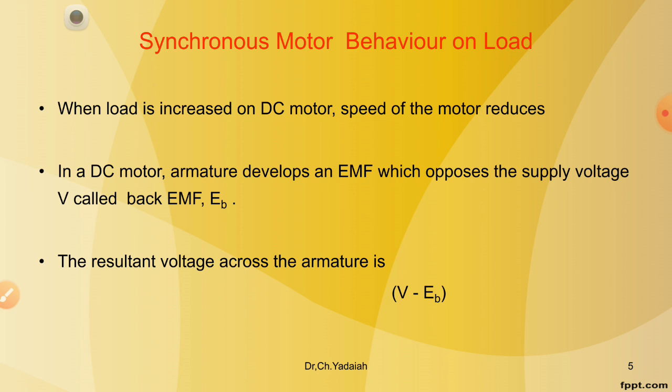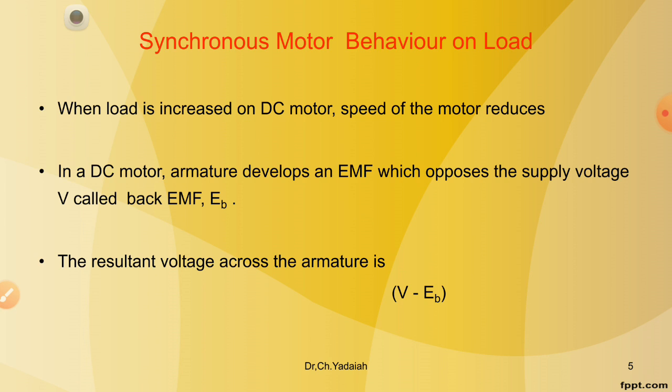This back EMF, as we know, depends upon the speed. And what is the formula? Eb is equal to phi Z N by 60 into P by A. Here Eb is directly proportional to the speed of the rotor.